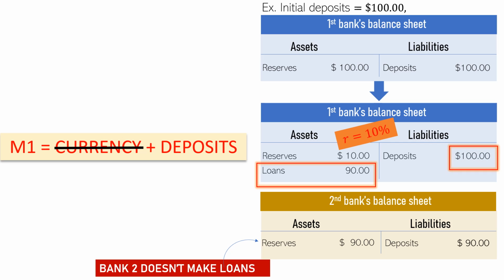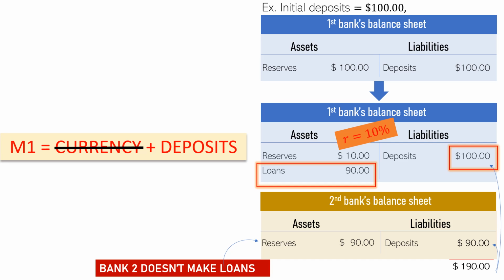After the loan from Bank 1, it is now $190 of deposits in total, or $190 of money supply. $100 comes from the deposit at the first bank, and $90 comes from the deposit at the second bank. See, just one loan is made, but the money supply already increases.